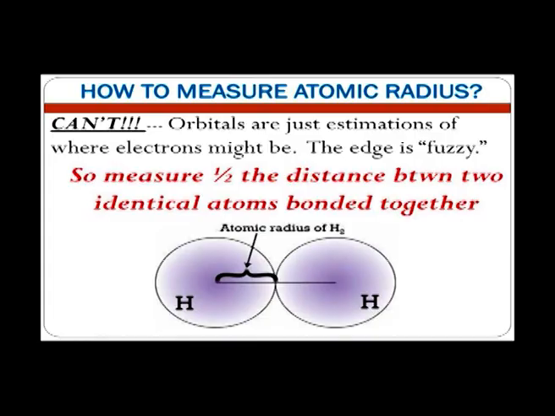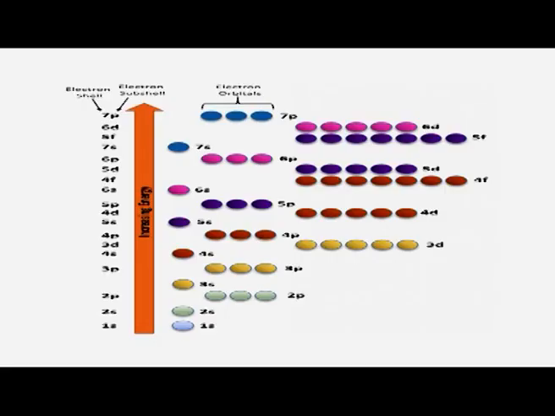First, atomic radius. The atomic radius of an element is half of the distance between the centers of two atoms of the element which are touching each other. Normally, the atomic radius decreases across a period from left to right and increases down a given group from top to bottom.